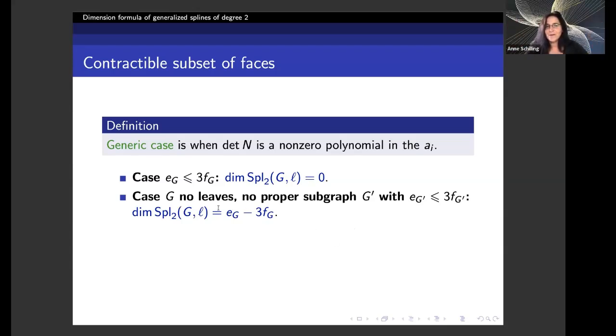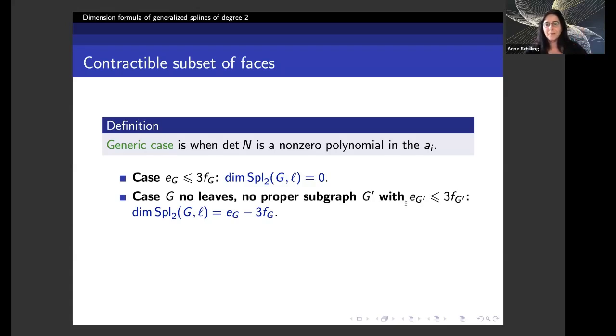And so if we have a graph without leaves and no proper subgraph G prime has this condition, and by proper subgraph, I should actually say, I'm going to pick a subset of faces, and then I'm going to look at the graph that is specified by these faces.